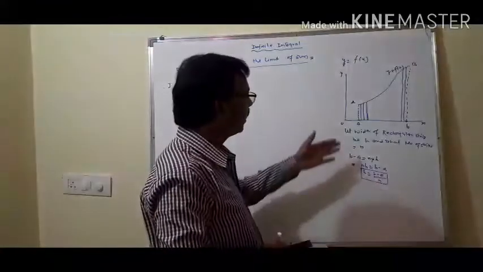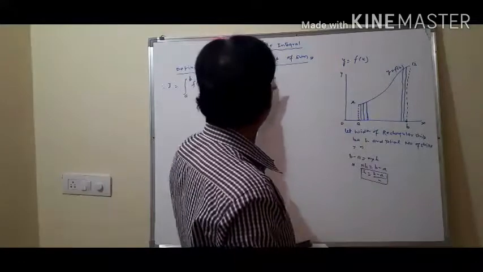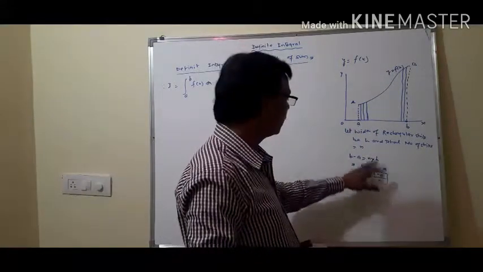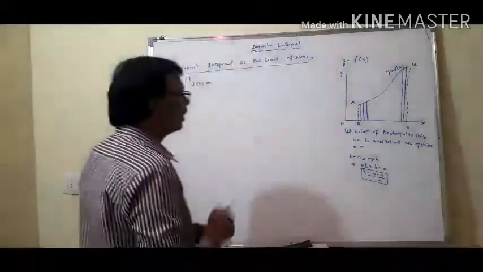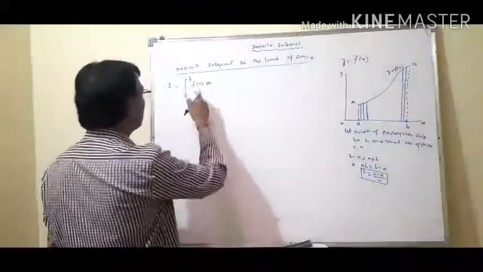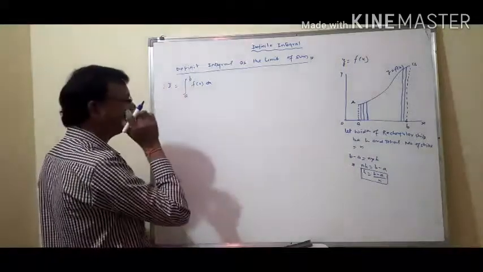Now if you want to find the area of that region with the help of the limit of a sum, we should apply this formula. Here a is the lower limit and b is the upper limit.